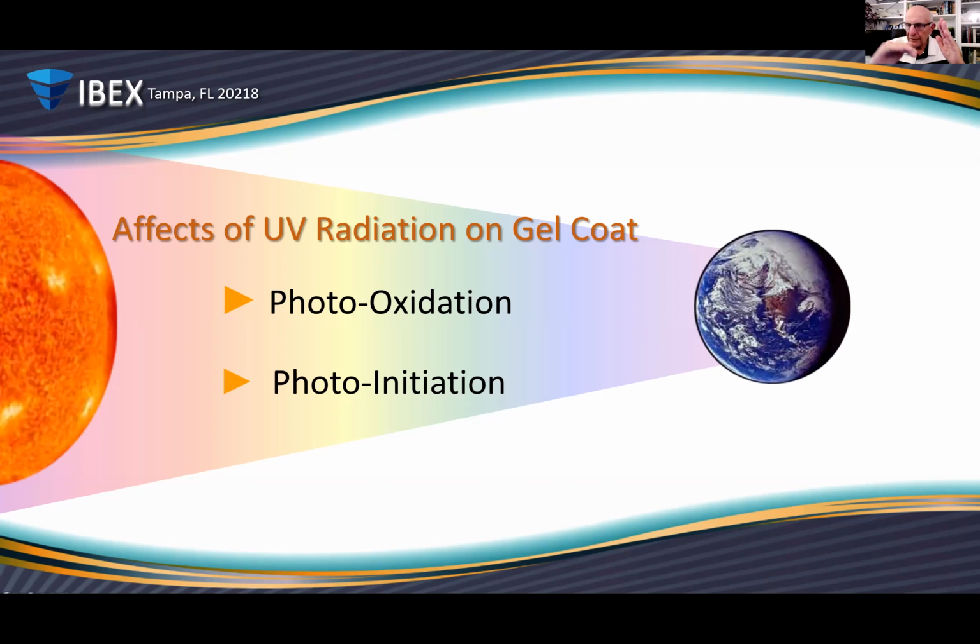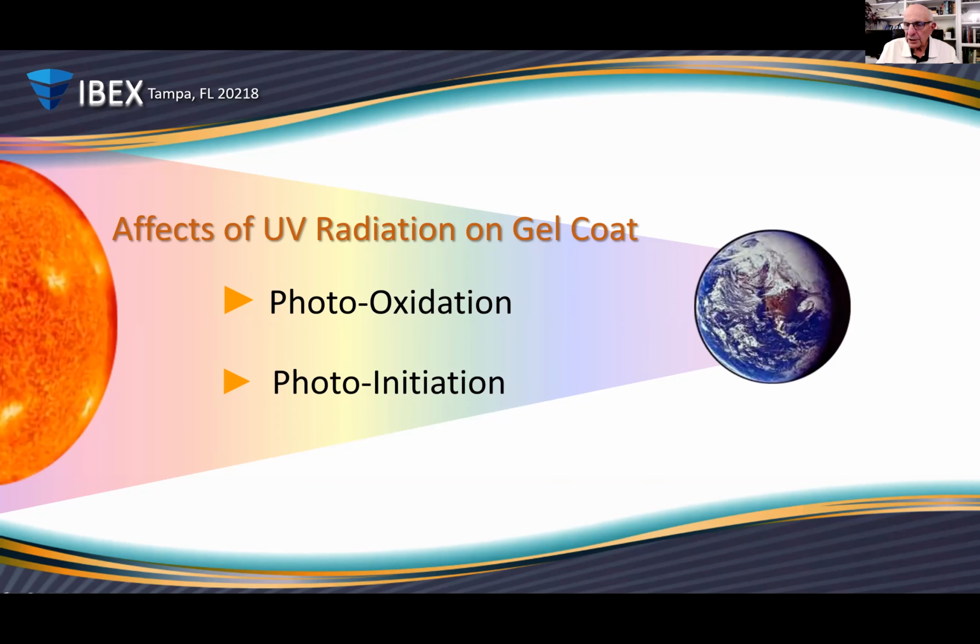There's little peaks and valleys. And photooxidation is where these little peaks slough off. The UV degrades the material, and little microscopic pieces of the material slough off and create that white powder that you see in a severely oxidized part.